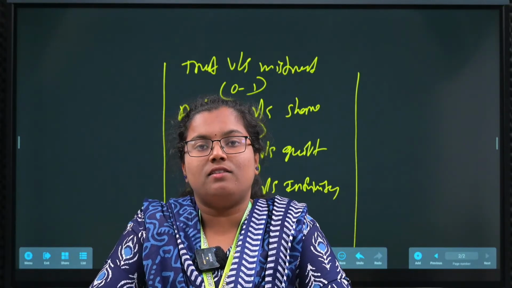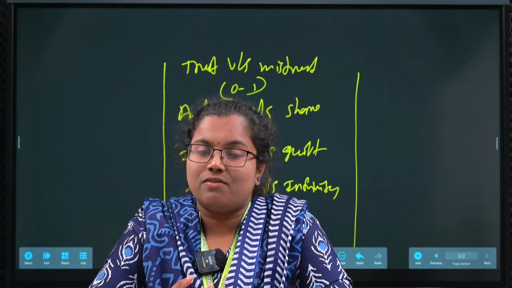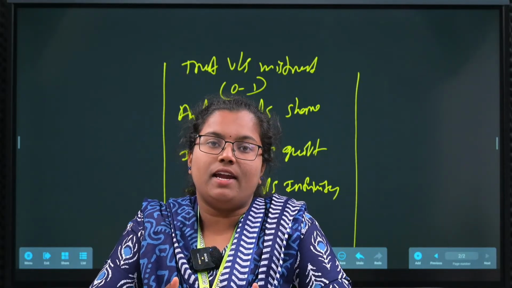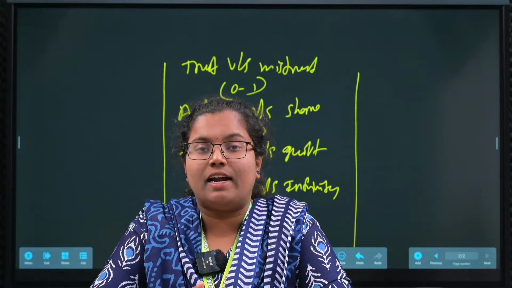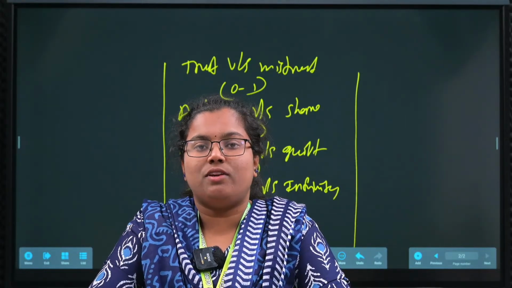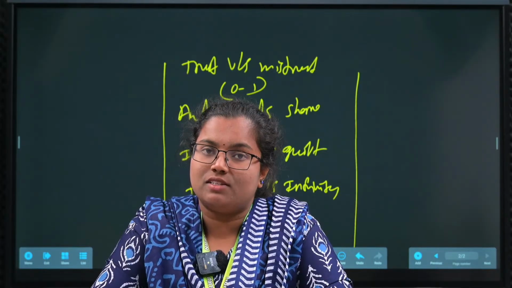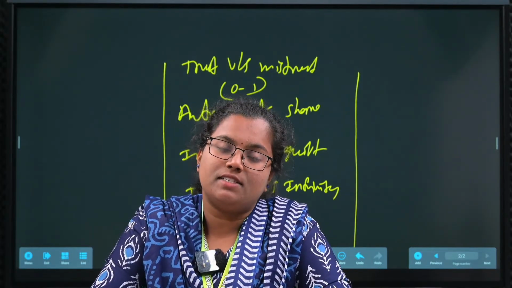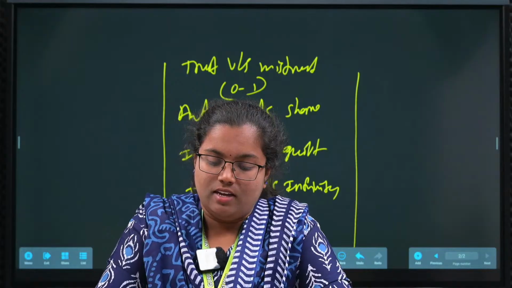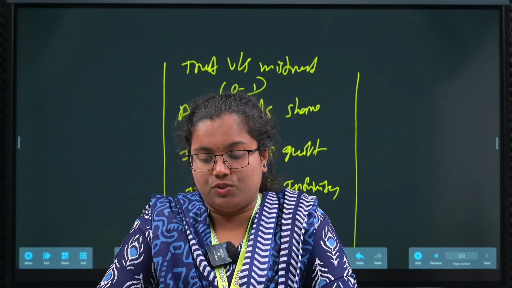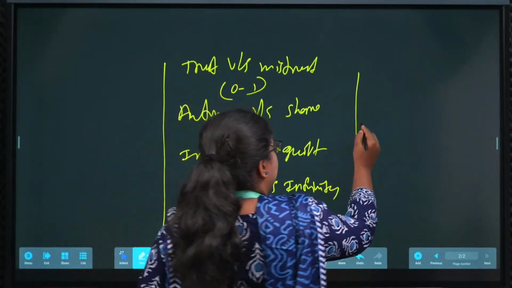Their confidence level will improve and their willpower will develop. But they also have a sense of inferiority here. And the next one is identity versus confusion, 12 years to 18 years.